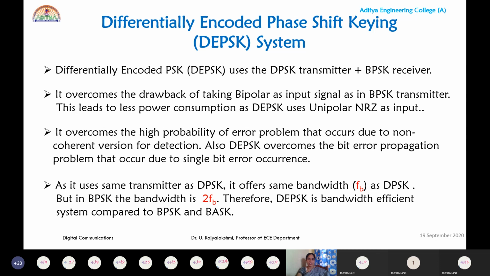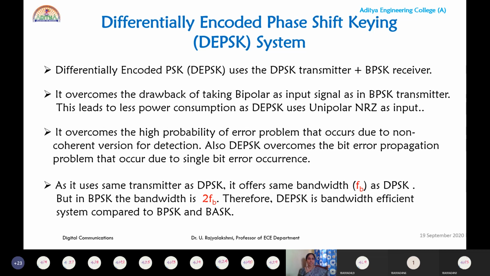You will generate some signal, but what does the DPSK receiver do? While receiving, if there is any single bit error, that error will be propagated, because the phase of the received data is compared with the phase of the received data shifted by one bit.